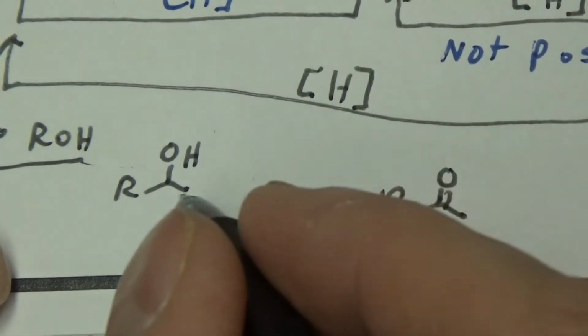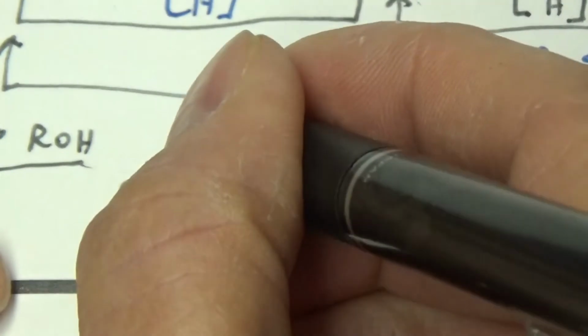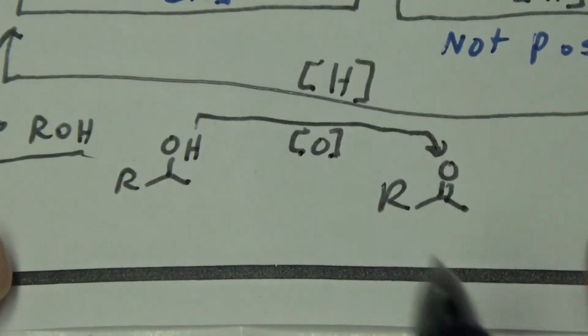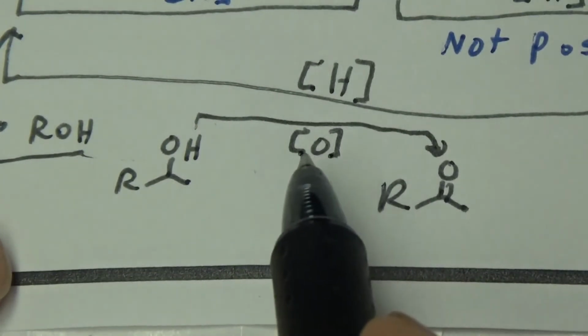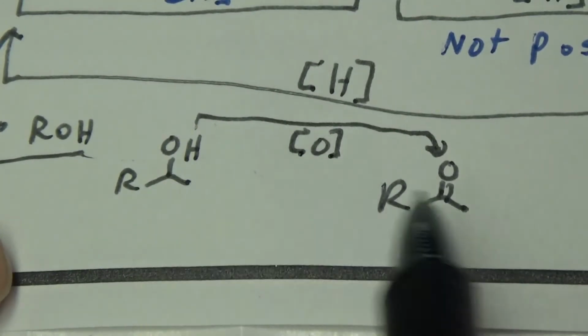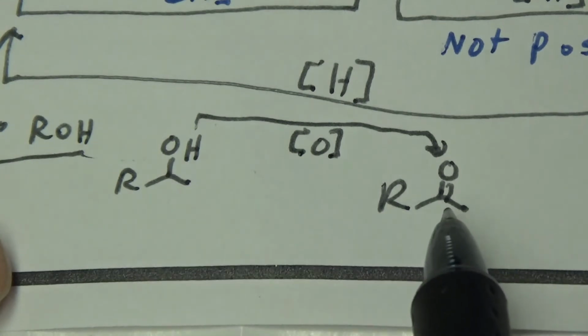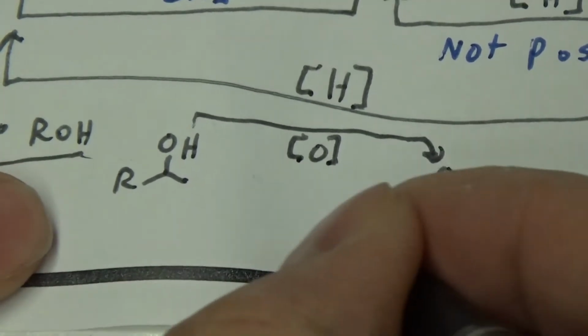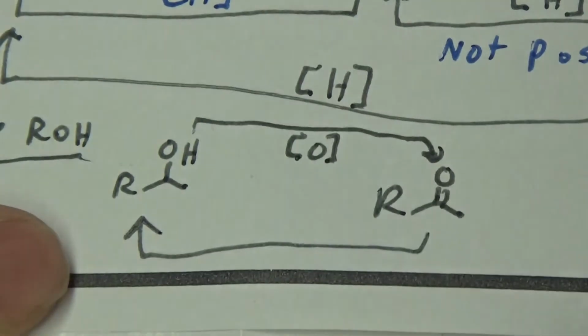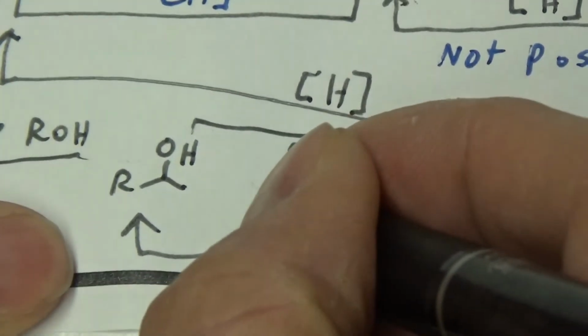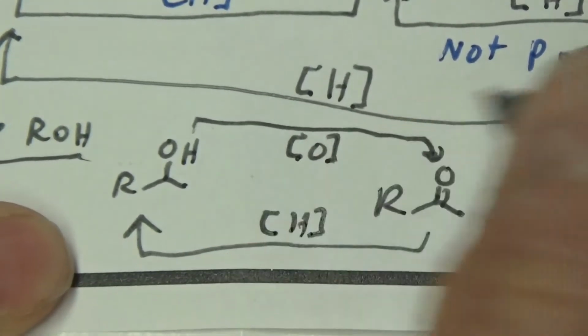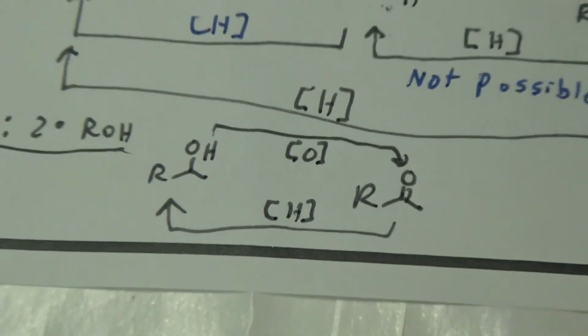So this is an alcohol to a ketone. Yeah, you can oxidize that. That's an oxidation, right? Alcohol to ketone is an oxidation. Could you possibly reduce the ketone? Yes, you can do that too. Okay, cool. So that's all I want to say for that.